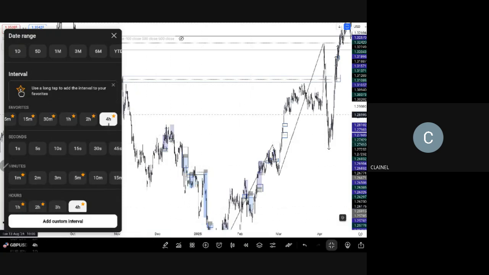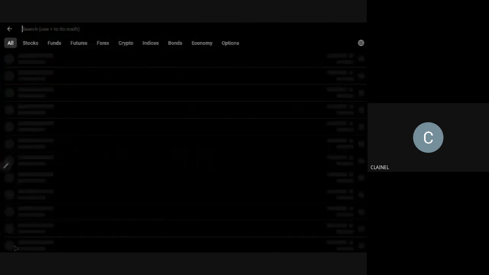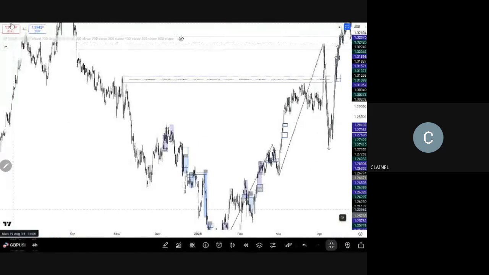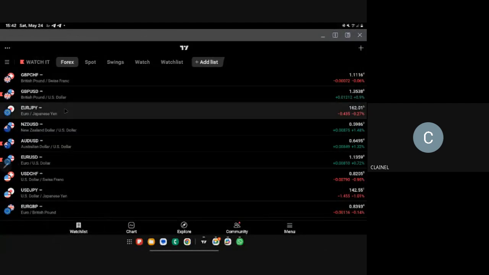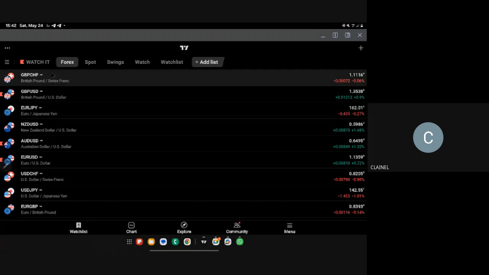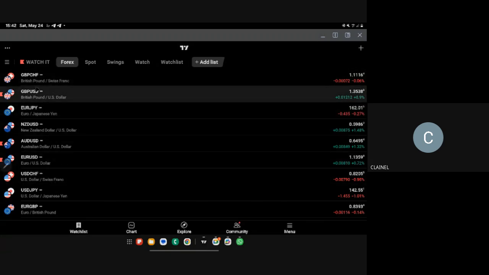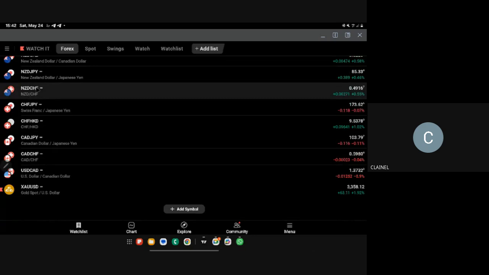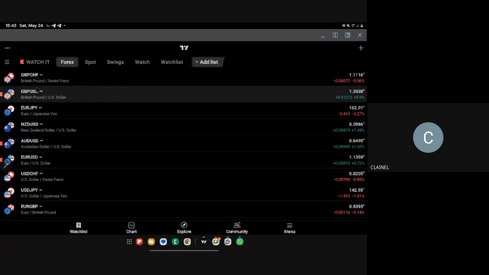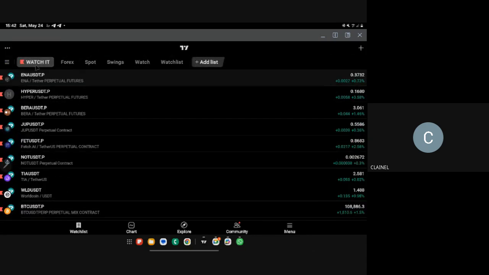In TradingView, we have our time frame, and this is a watch list where you add the currency pairs you want to trade. Right now, I added all this for the trading session for our campus tour.